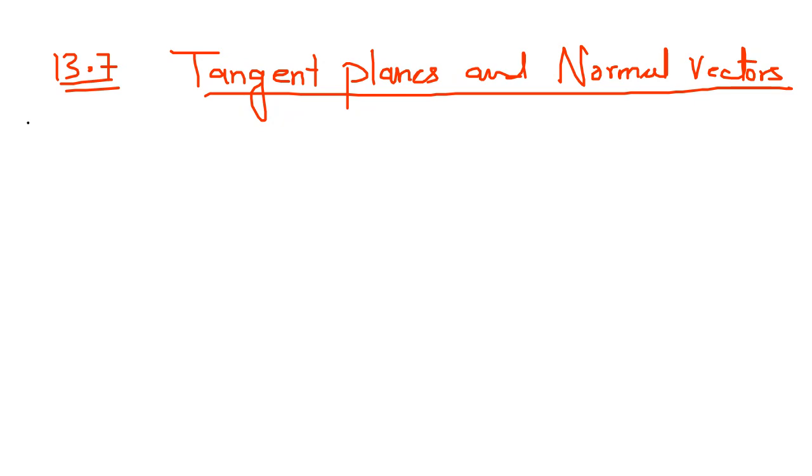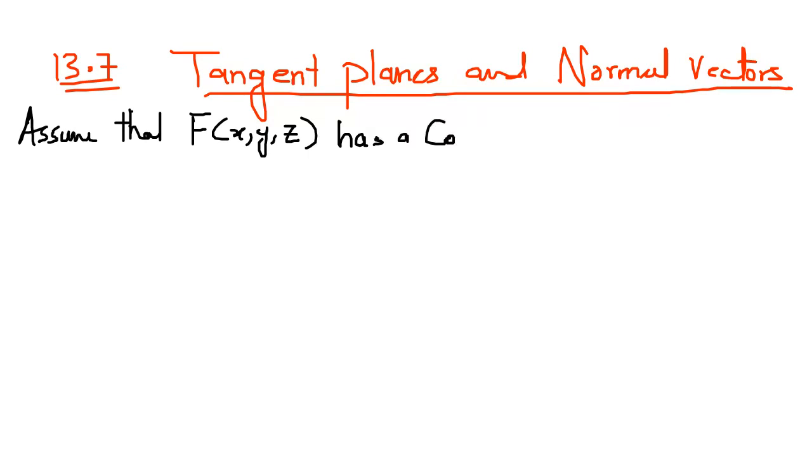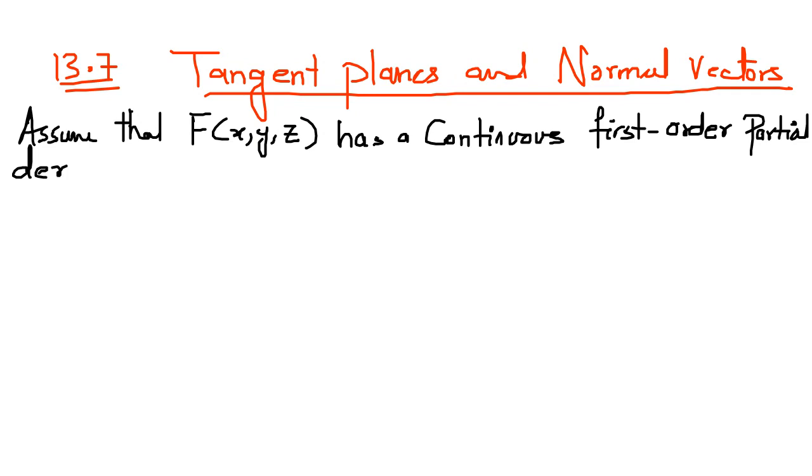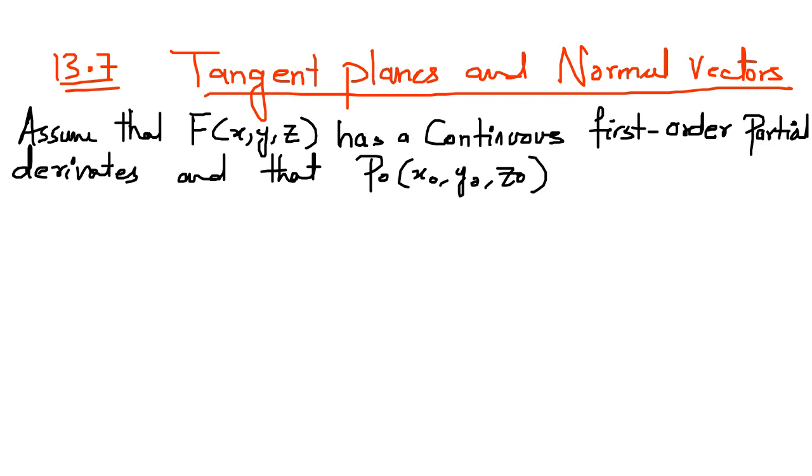Okay, so assume that you have a function f of x, y, and z, a three variable function, with continuous first order partial derivatives, and that has a point P naught, which is x naught, y naught, and z naught, on the level surface. Okay, on the level surface.